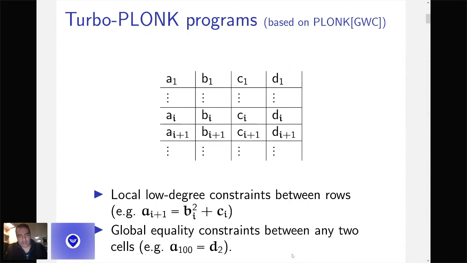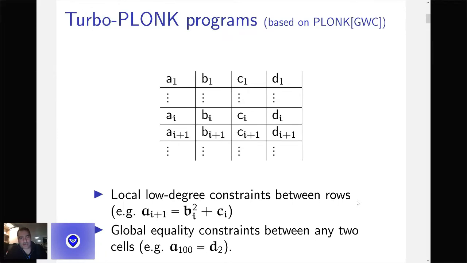And one thing we noticed relatively quickly, and this is somewhat similar to the AIR representations of StarkWare, is that instead of thinking of arithmetic circuits, it's convenient sometimes to think of these Turbo-PLONK programs where you have this execution trace of rows where all these values, AI, BI, and so forth, are field elements.